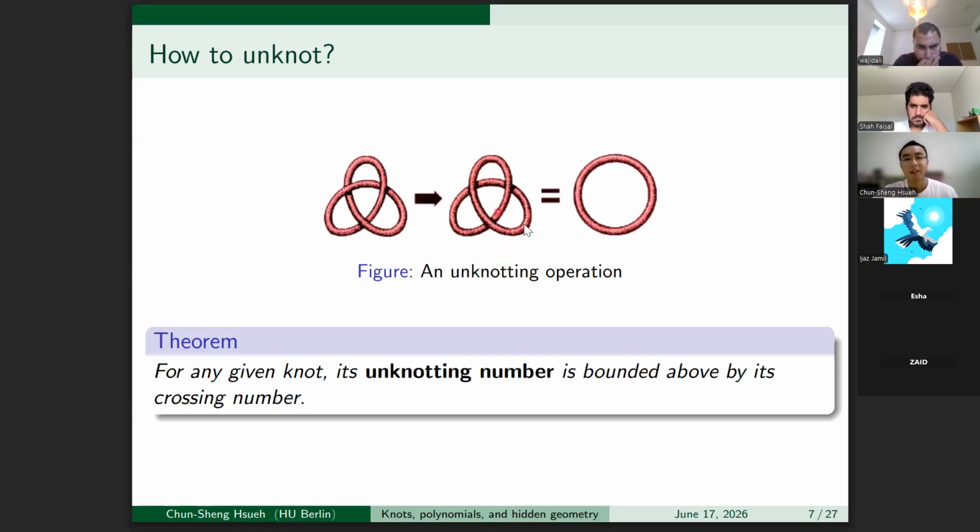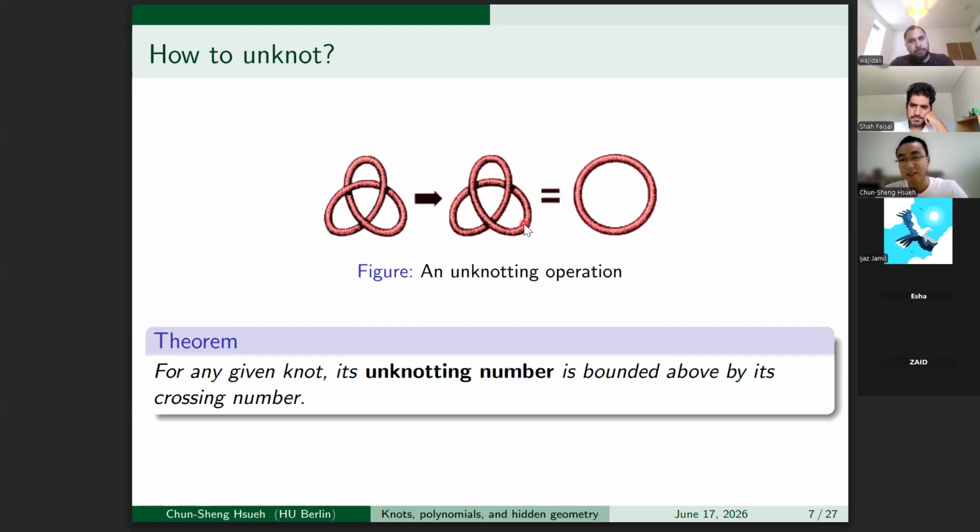So here I want to explain to you that a crossing change, so changing from this picture in the diagram to this picture in the diagram, is an unknotting operation. What does unknotting operation mean?